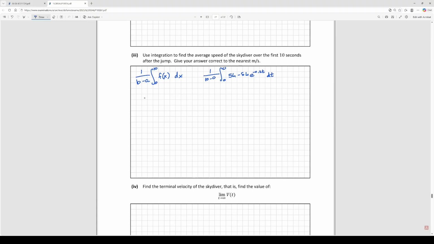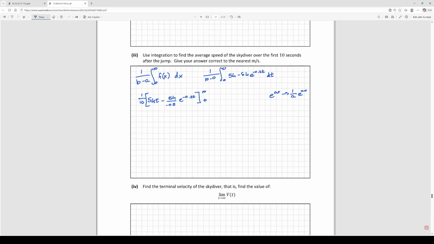If we integrate that, this would turn into 54t. Now, this guy follows the rule: if you have e to the ax, when you integrate it becomes 1 over a, e to the ax. Kind of similar to when you differentiate it, but you do 1 over a at the start. So it's going to be minus 54 divided by minus 0.2 this time, but it's still e to the minus 0.2t.